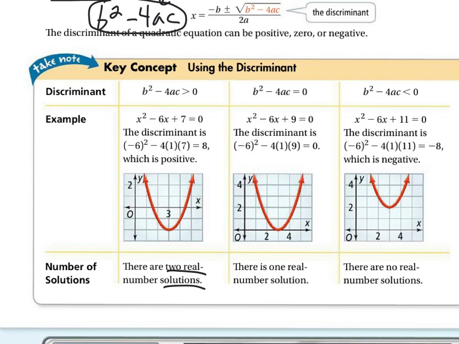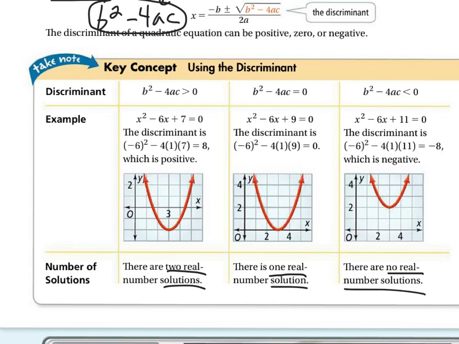If it's equal to 0, plus or minus the square root of 0, that's the same either way. So that actually is only going to be 1 real solution. And if the number under the square root is negative, we can't take a square root of a negative number, and so that has no real solutions.